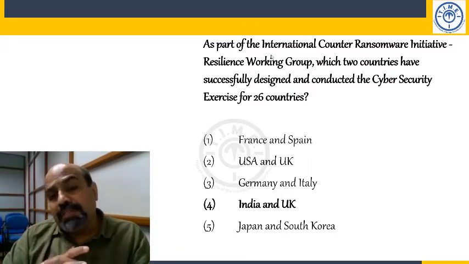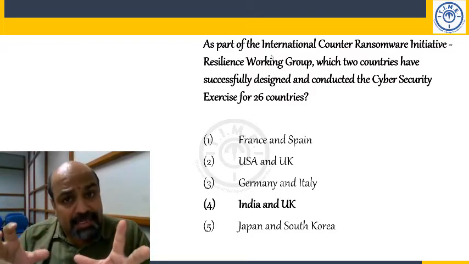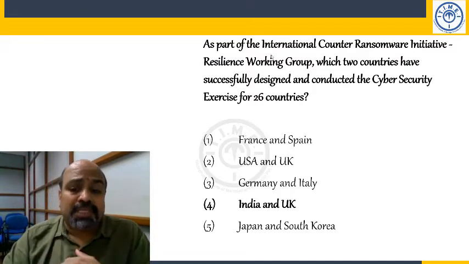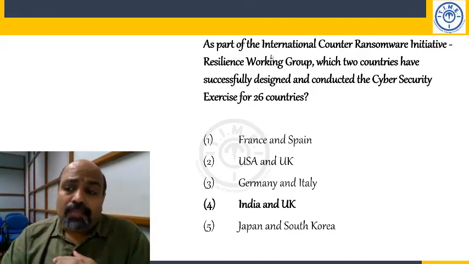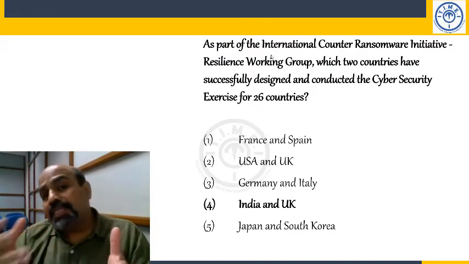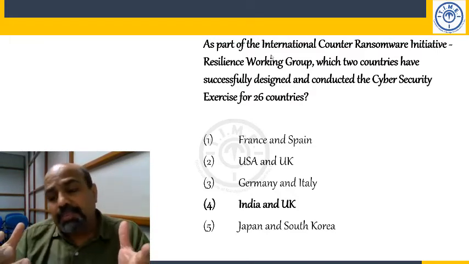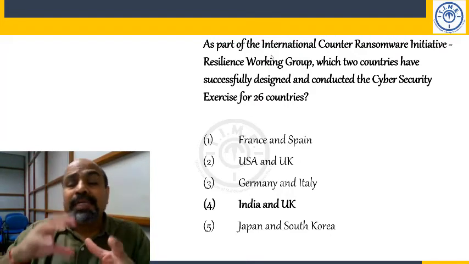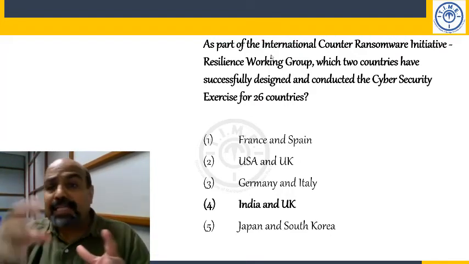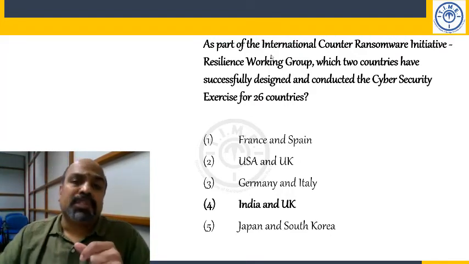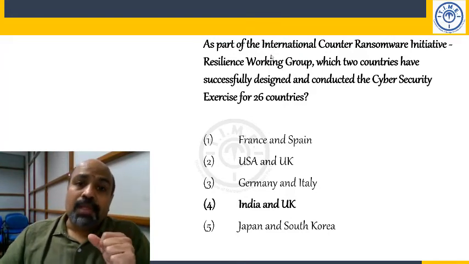This year, these two countries focused on the energy sector, and they came up with certain systemic solutions for dealing with multiple attacks on multiple electricity distribution networks companies.